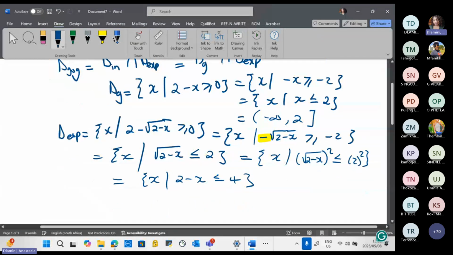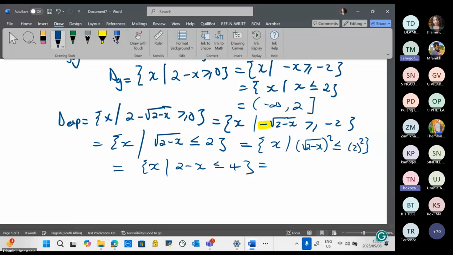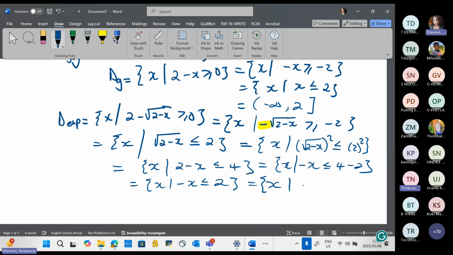Then you transpose the 2 to the right hand side, so minus x is less than or equal to 4 minus 2, which is 2. Then you divide by -1 again, and the inequality changes. Then you have your answer.